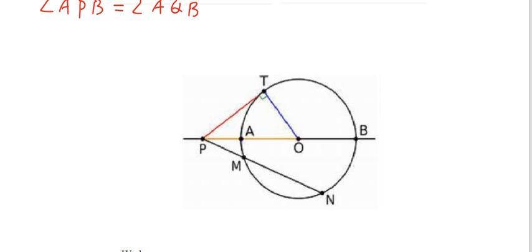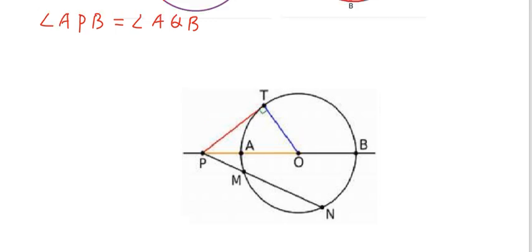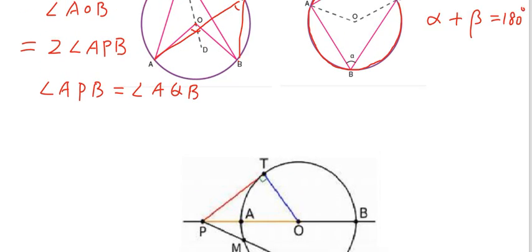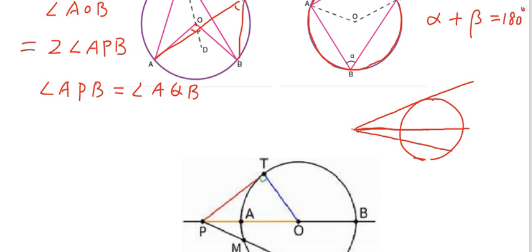Now for a point outside the circle, suppose we have a circle. From one outside point, we can make a tangent line, and we can draw a second line.